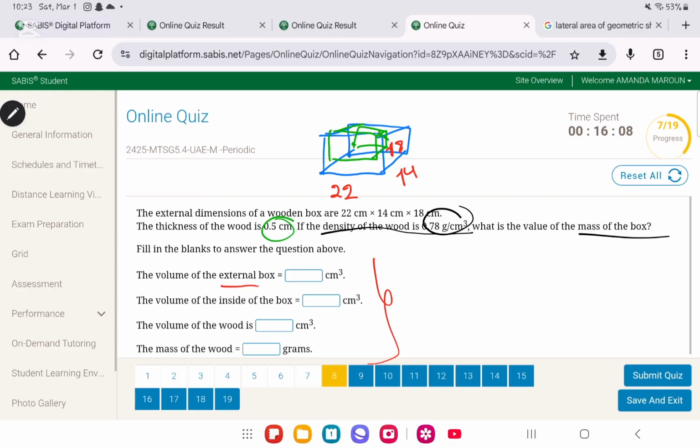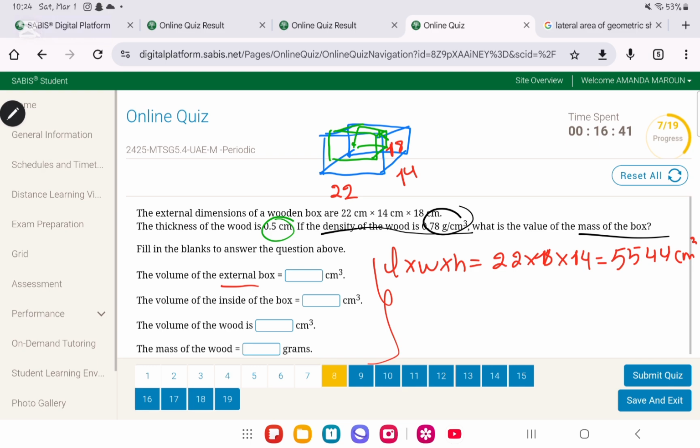The outside of the box is a prism or a cuboid, and the volume of any cuboid is length times width times height, which is 22 times 18 times 14, and you will get 5544 centimeter cubed.